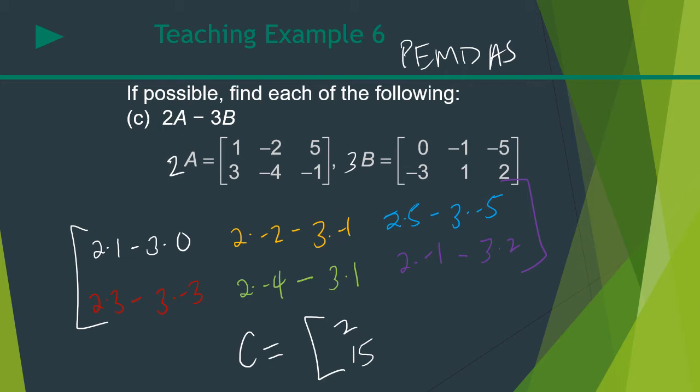Negative 4 plus 3 is going to give me negative 1. Negative 8 minus 3 gives me negative 5. 10 plus 15 gives me 25. Negative 2 minus 6 gives me negative 8.